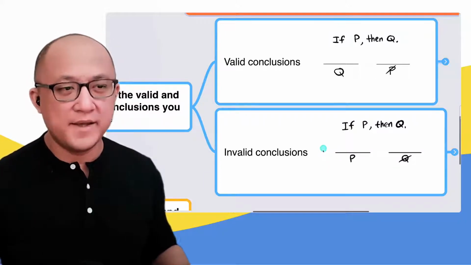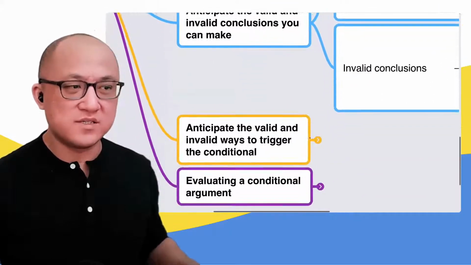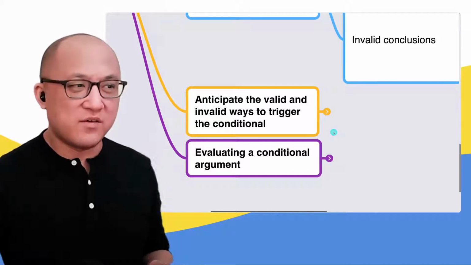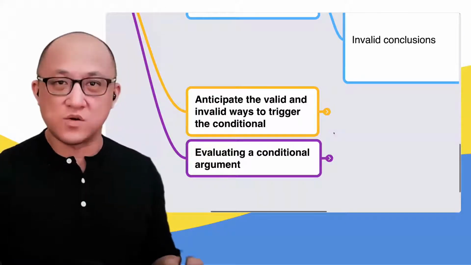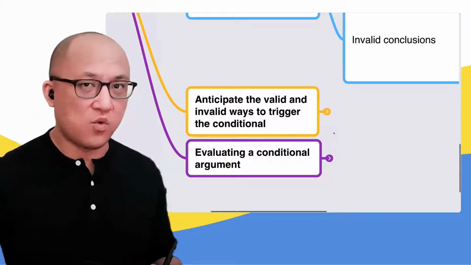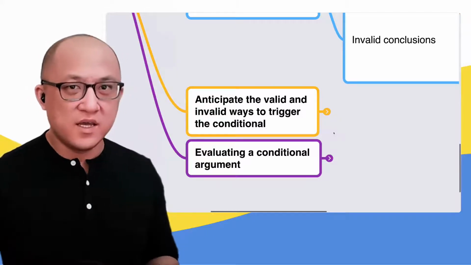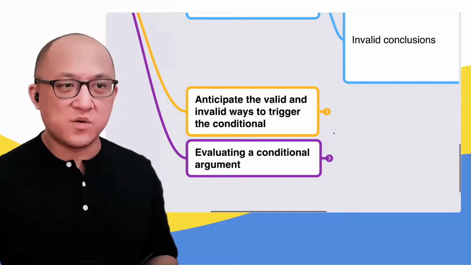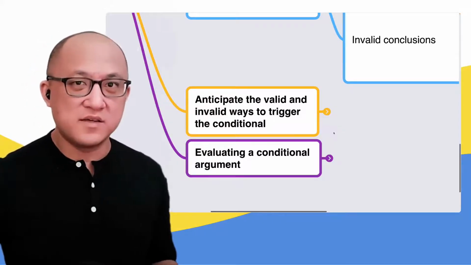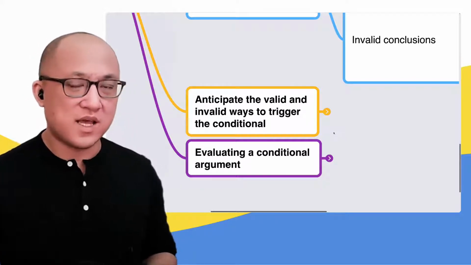All right. But in addition to thinking about the valid and invalid conclusions, it's also helpful to think about what are the valid and invalid ways to trigger the conditional, right? And so if you have the statement, if X, then Y, then if you understand that, when you continue reading, you might already have in mind, okay, so if they tell me X, then they should be concluding Y. Or if they tell me that Y is not true, then they should be concluding that X is not true.